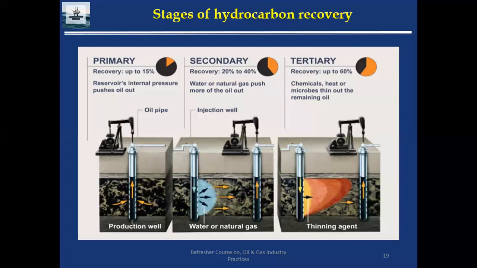So after secondary recovery, the residual oil left behind in the reservoirs is in such a state that it won't be able to move on its own. It might be viscous, thick, with heavy hydrocarbon molecules.